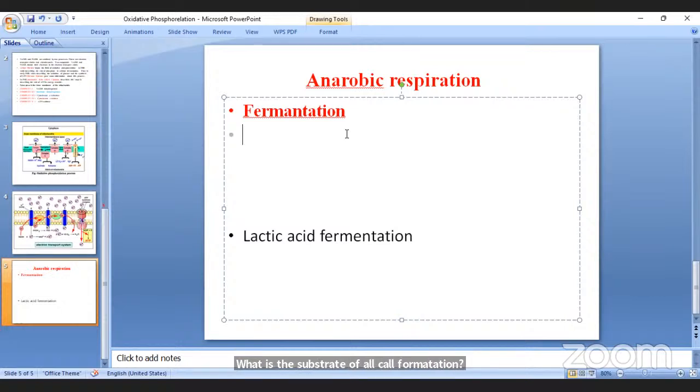Where is the pyruvic acid formed? In the glycolysis, sir. I am asking about the substrate, not the end product. Glucose, sir. You are also saying glucose is the substrate for aerobic or anaerobic, right?